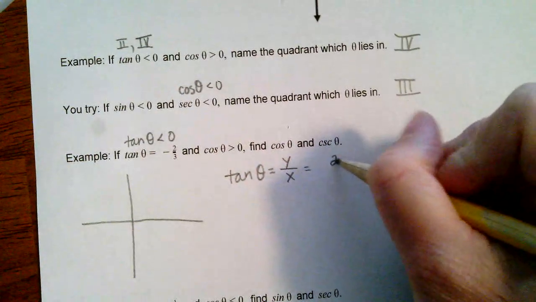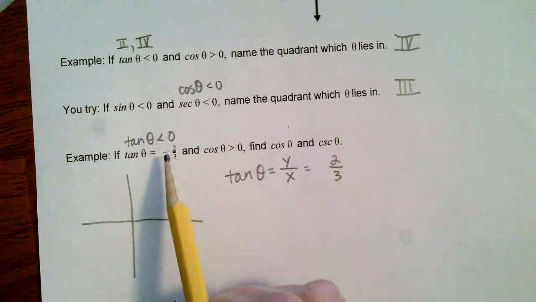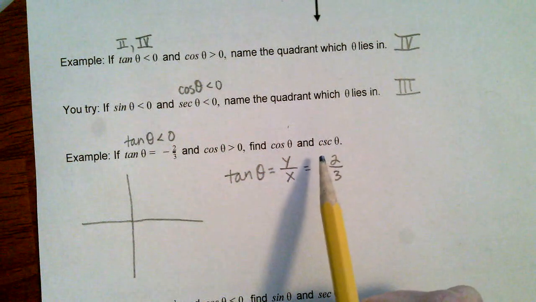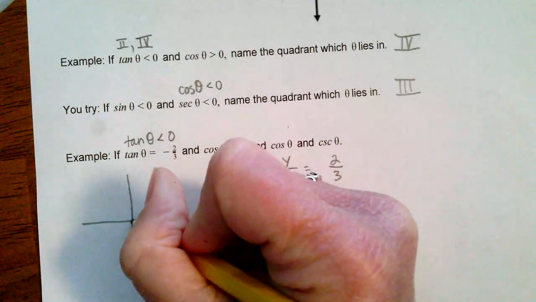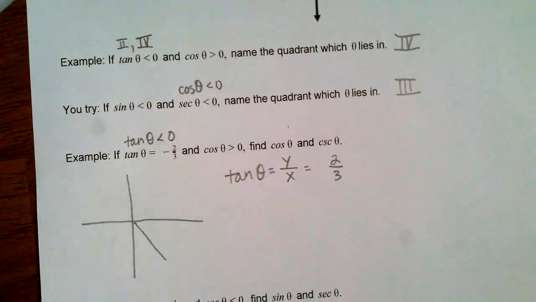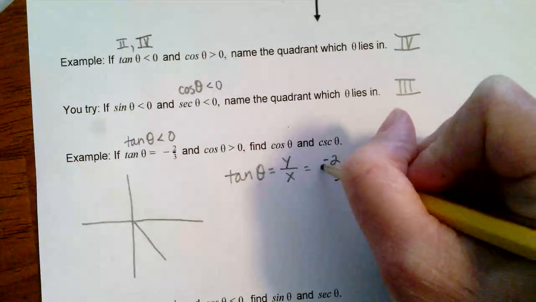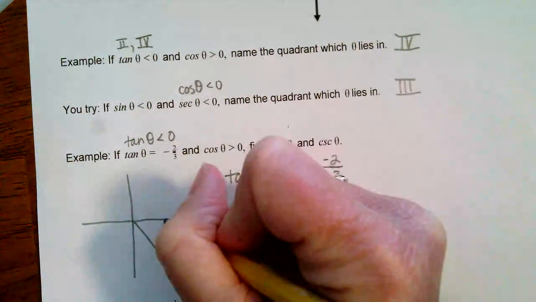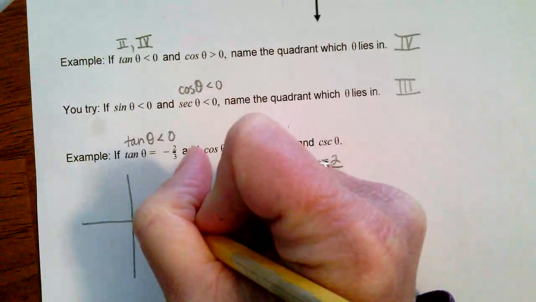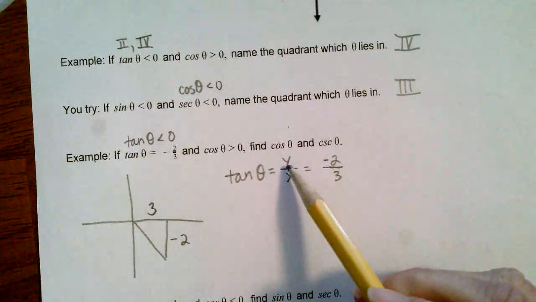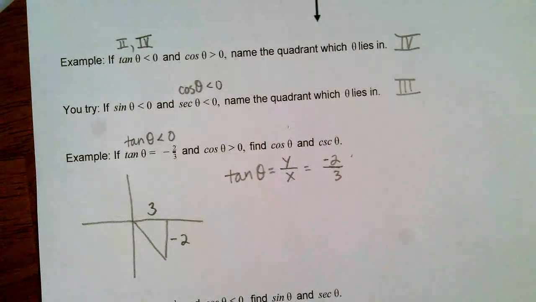So I have 2/3, and I know I have a negative, so I need to decide if I'm going to put the negative on the y or on the x. Because I know that this is going into quadrant 4, I am going to put the negative on the y. So I know I'm going down 2, going right 3, because y is -2 and x is 3.